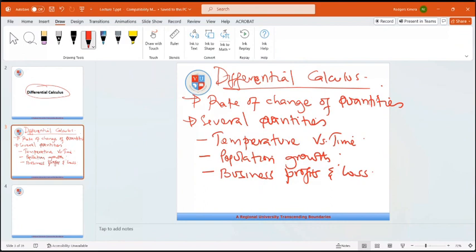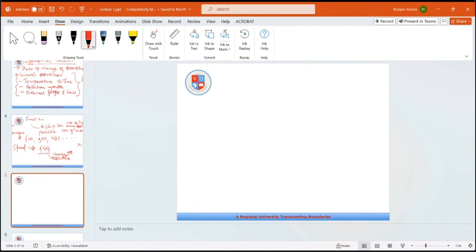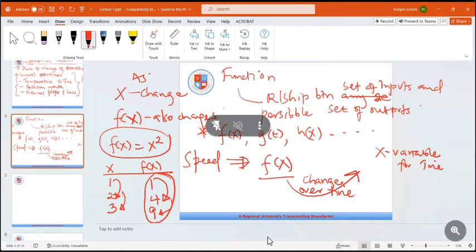Yes. Pardon? Others, are you seeing your screen or not? I am seeing the screen on my side. Yes, we are seeing your screen.